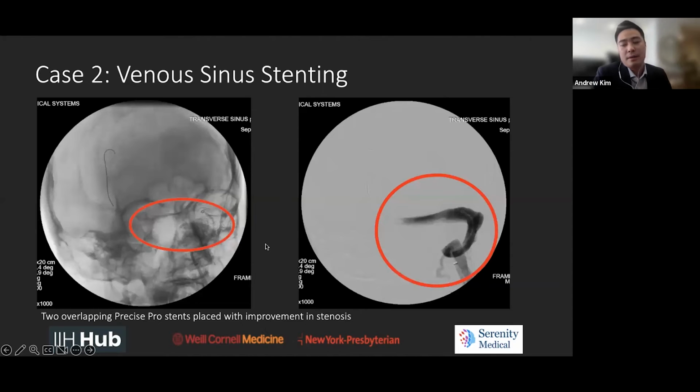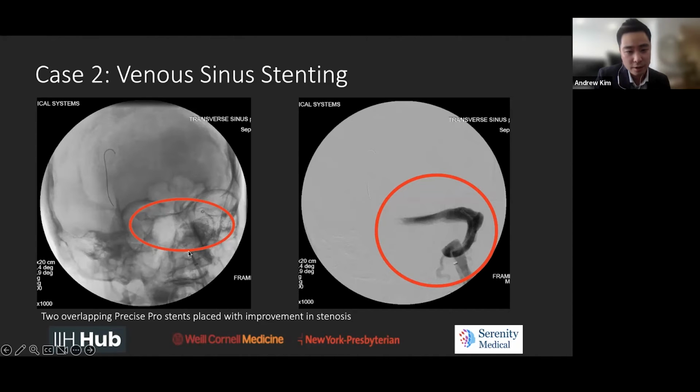Given that and the tinnitus that the patient was experiencing, the patient ended up being a venous sinus stenting candidate, where the patient got a cerebral angiogram, venogram, pressure monitoring, and ultimately 2 overlapping stents placed in that region of the left transverse and sigmoid venous sinus, where the stenosis was.